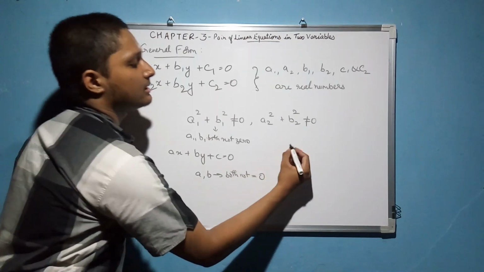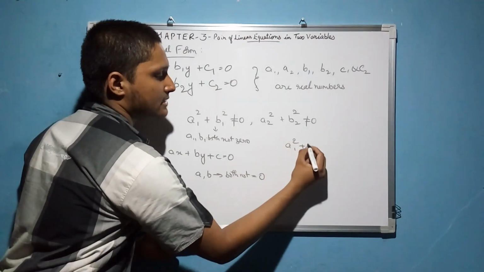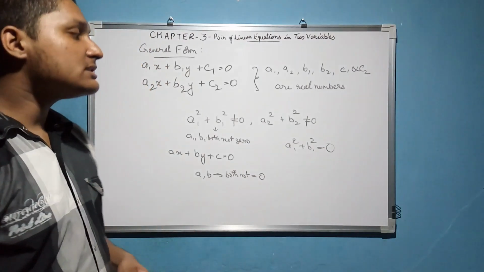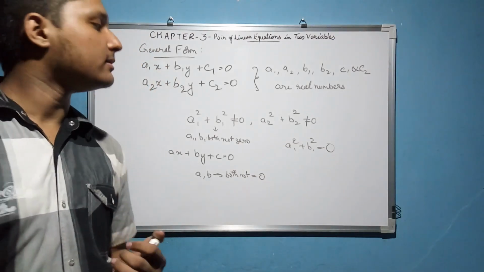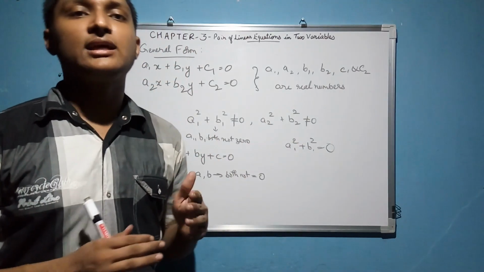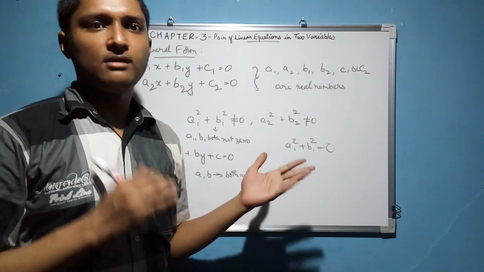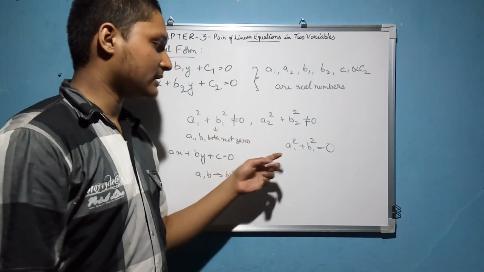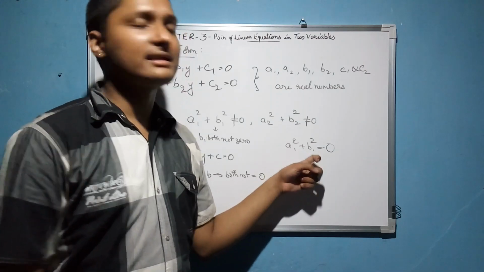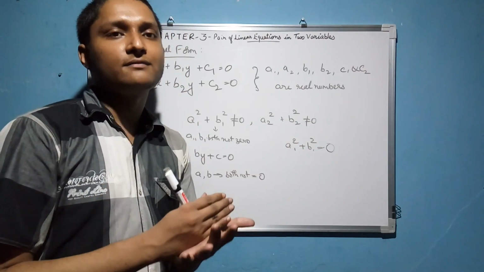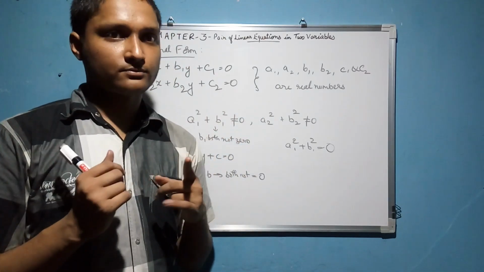Let me think in the opposite direction: suppose a1 square plus b1 square is equal to 0. Since these two are square numbers, they can only be non-negative, never a negative real number. The smallest square number, or the smallest non-negative real number, is 0.